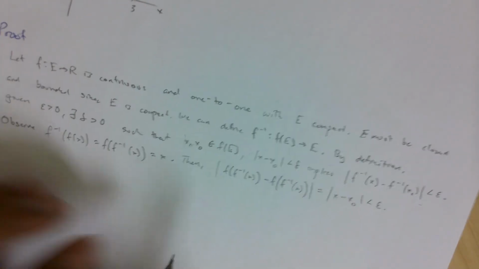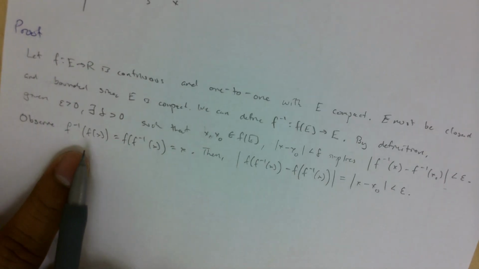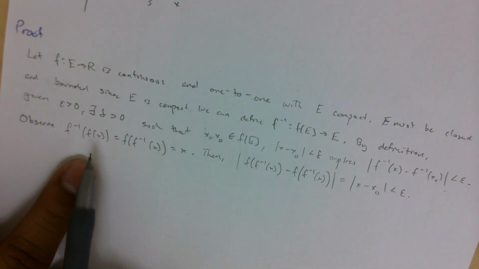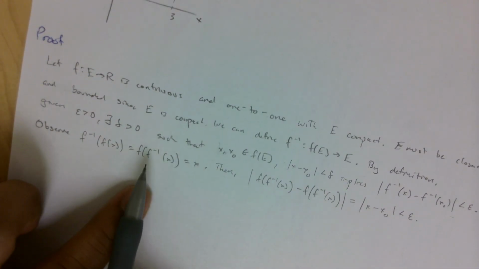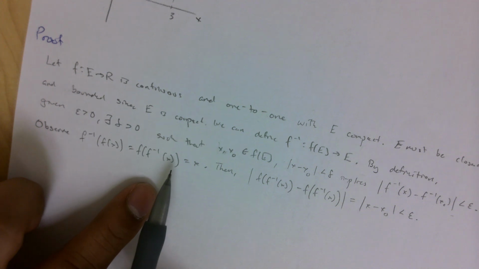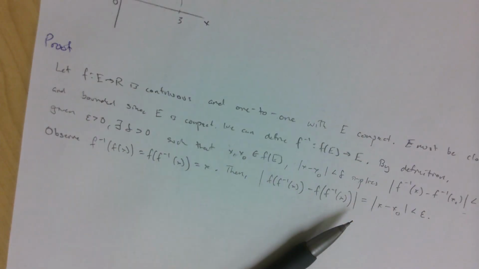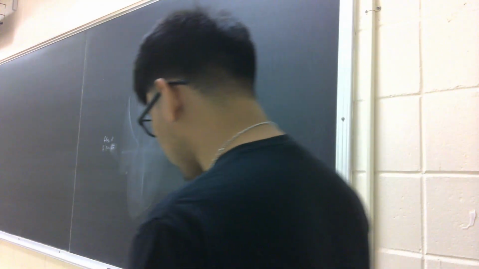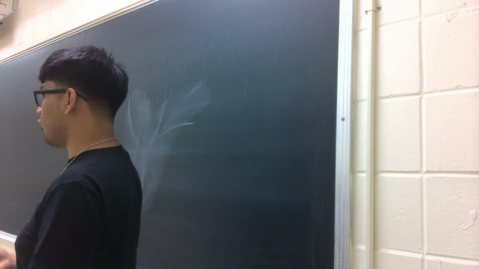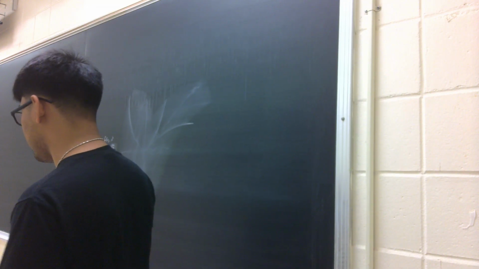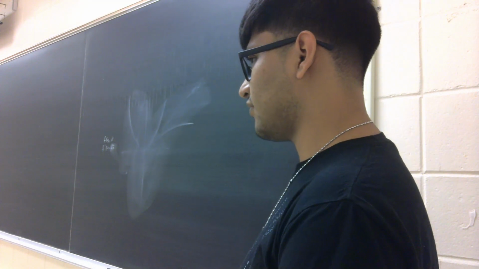So now observe that when you do the function of an inverse of that same function, it is x, right? We can see that, for example, if I take a step forward, let me visually show you guys. If I take a step forward, I can reverse what I did or cancel what I did by taking a step backwards, right?